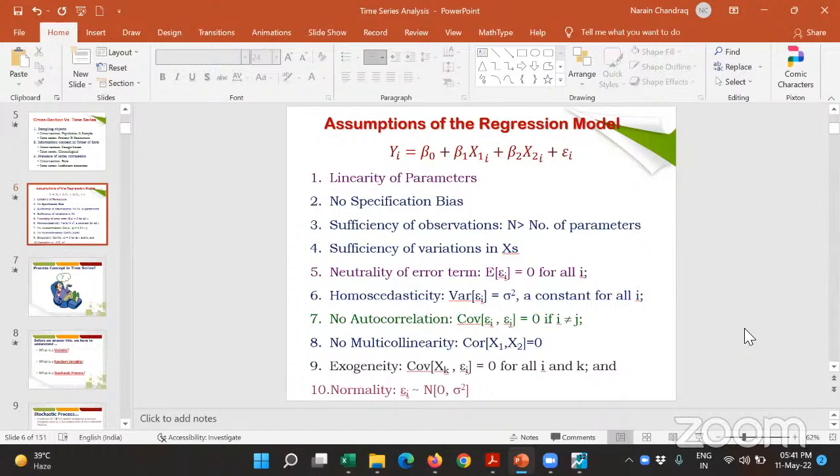I'm not getting into it because that will be too much of a digression. But your standard textbooks on regression analysis talk about those aspects in greater detail, so you can refer to those sections on the detection and correction of heteroskedasticity.